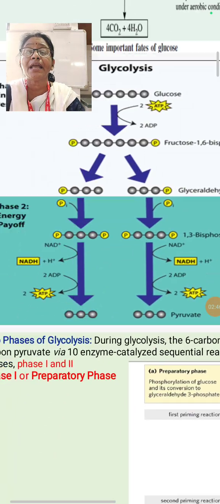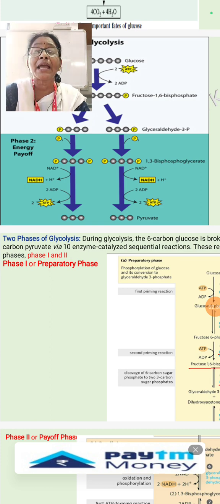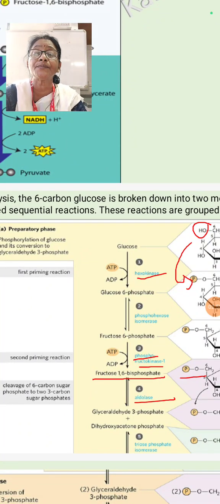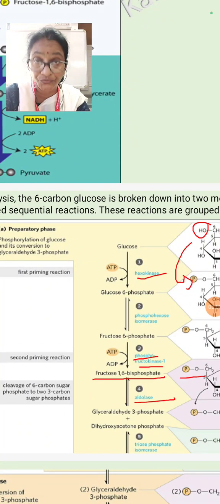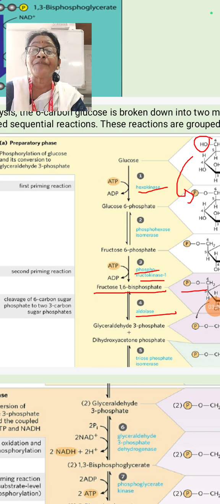So see here, glycolysis is broadly divided into two steps: the preparative step, and the second one is the payoff step. So in the preparative step, what happened? Glucose is first converted into glucose 6-phosphate. Glucose 6-phosphate is converted into fructose 6-phosphate. Fructose 6-phosphate is converted into fructose 1,6-bisphosphate, and then fructose 1,6-bisphosphate is converted into glyceraldehyde 3-phosphate and dihydroxyacetone phosphate. Is it clear?